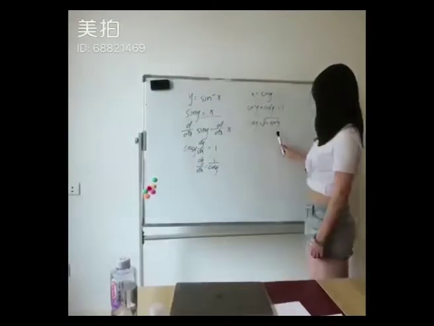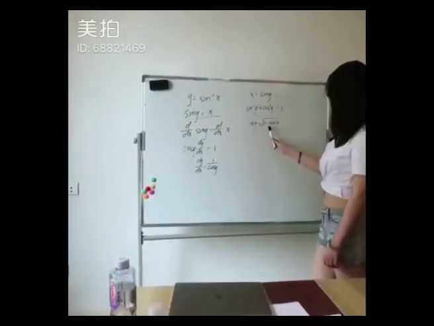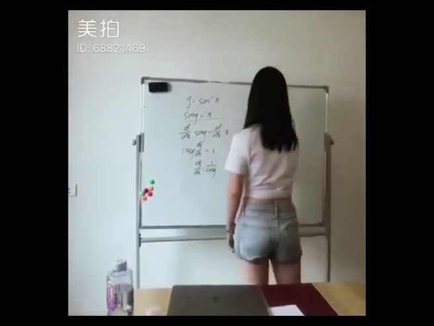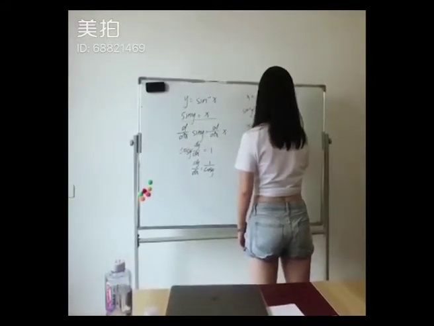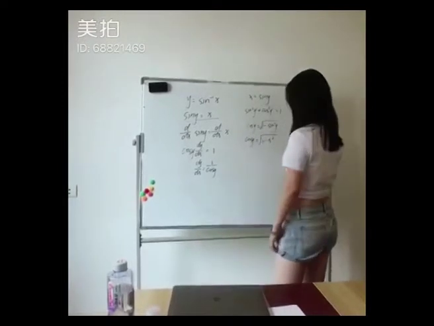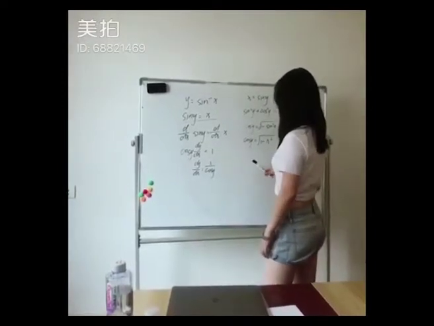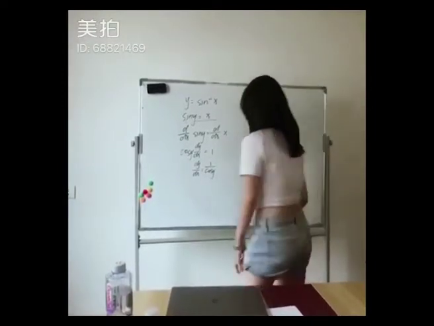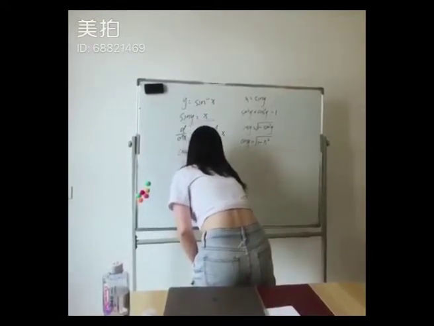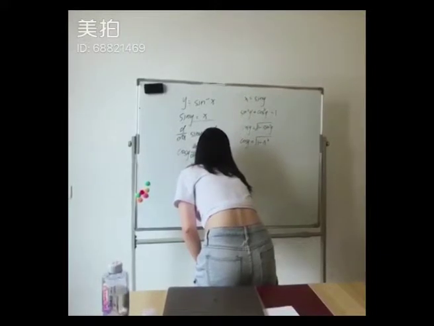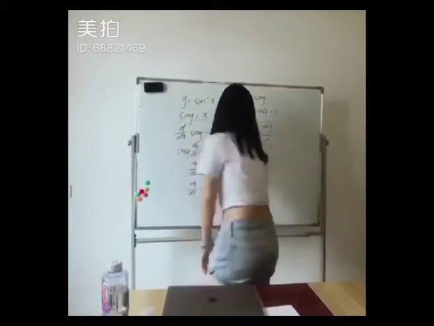We can use x to replace sine y, so cosine y equals root of 1 minus x squared. So the final derivative of arcsine is dy/dx equals 1 over root of 1 minus x squared.